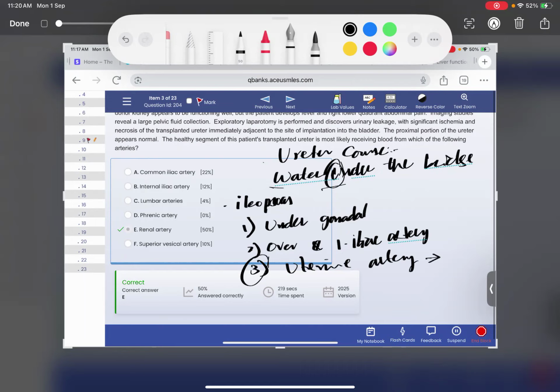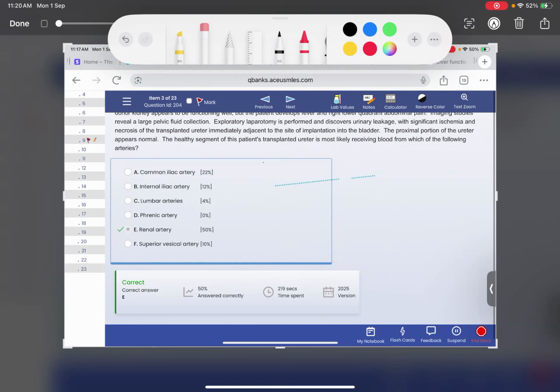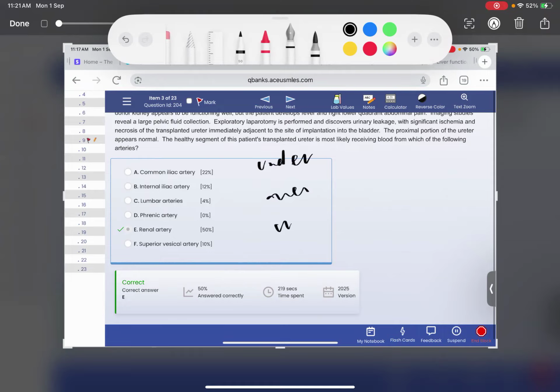We will discuss this in detail in some time. So the path of the ureter: it goes under the gonadal, then over the iliacs, and then under the uterine artery again. Under, then over, and then under.